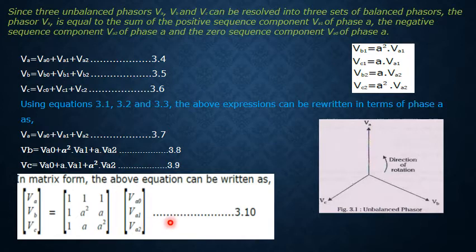So if you do the cross multiplication, we are going to get this original form of the equation. So this is the matrix form of our equation for unbalanced phasors in terms of symmetrical components. So these are the symmetrical components we are going to use over here.